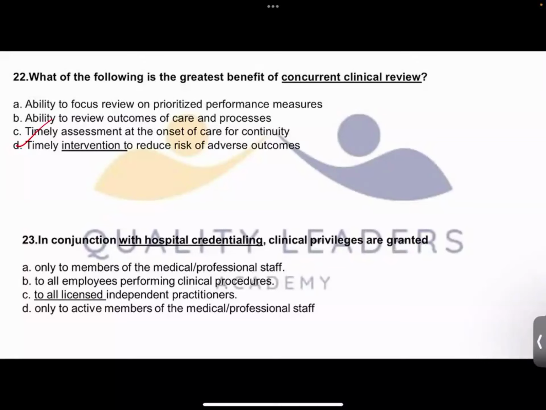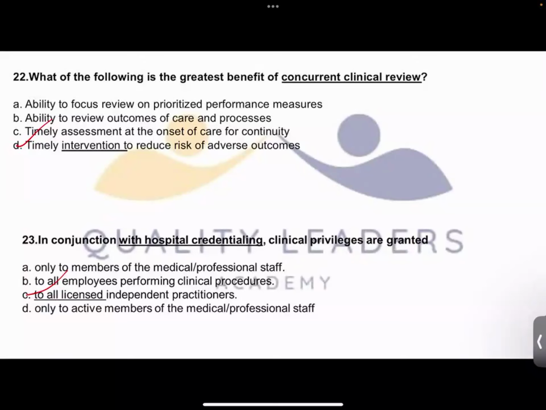It's letter C, to all licensed independent practitioners, because these are who are properly credentialed and privileged by the hospital, allowing them to perform the specific clinical activities within their scope of practice. Why not letter A? Because clinical privileges are not limited to staff membership, but extend to all the licensed independent practitioners.